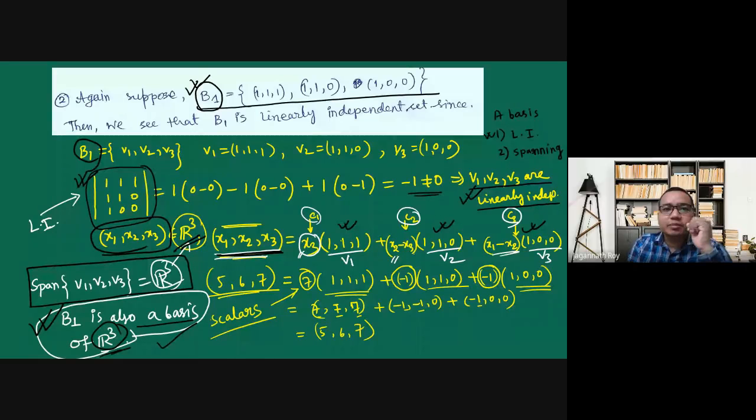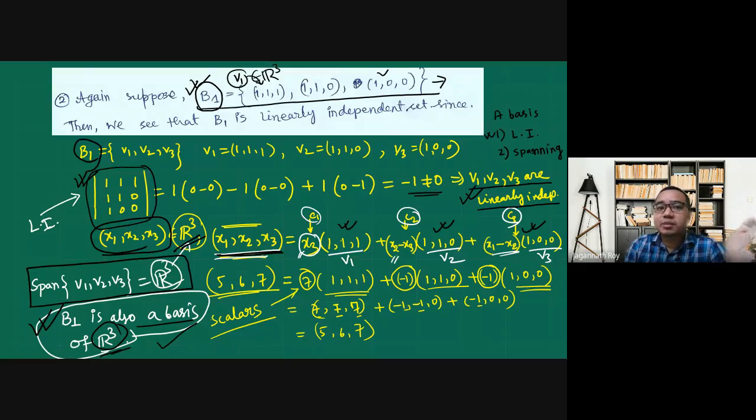You may have some V1 which may not be a linear combination of these three vectors. But since in this particular case it forms a basis, any vector from R3 will be a linear combination of these three vectors.